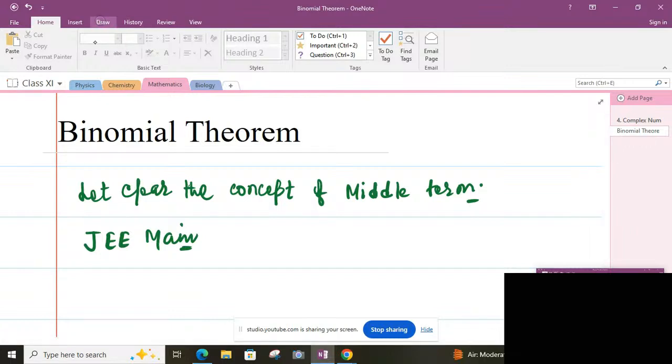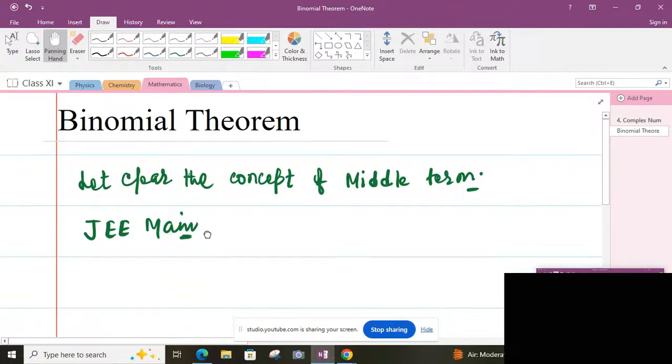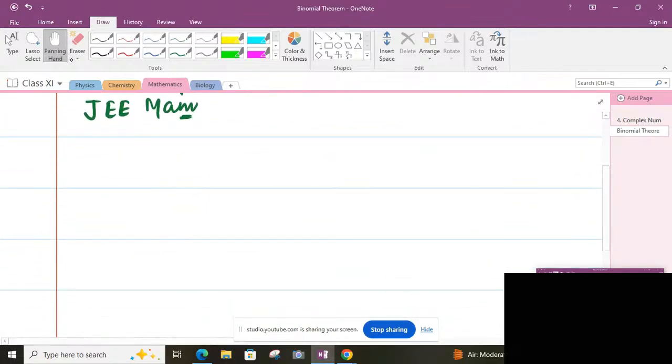So we recall here the binomial theorem, (a plus b) to the power n. What will be the middle term?